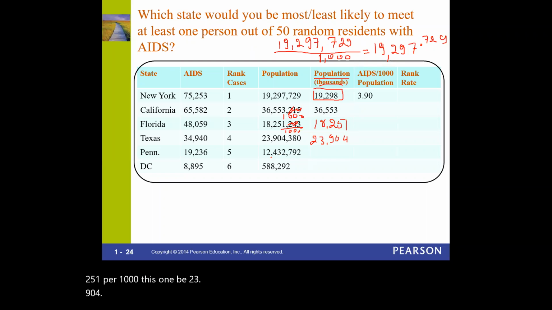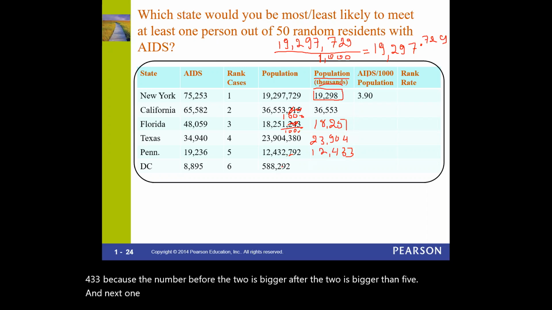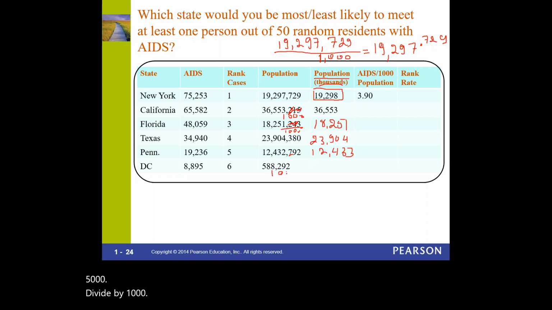The next one will be 12,433, because the number after the 2 is bigger than 5. And the next one will be 5,000 divided by 1,000, so that's going to be 588. Any question about the numbers where I did them?